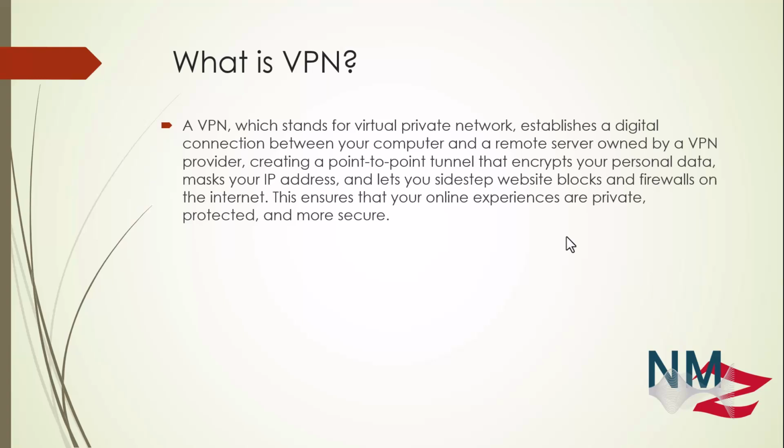In this case, you can use some VPN software, and that VPN software makes a secure connection between your PC and the VPN server, and then all the traffic from your computer goes to the VPN server, and the VPN server browses websites for you and then sends it to your PC. In this case, your IP will be hidden, and also all the traffic between your PC and the VPN server will be encrypted, and no one can access and intercept that.